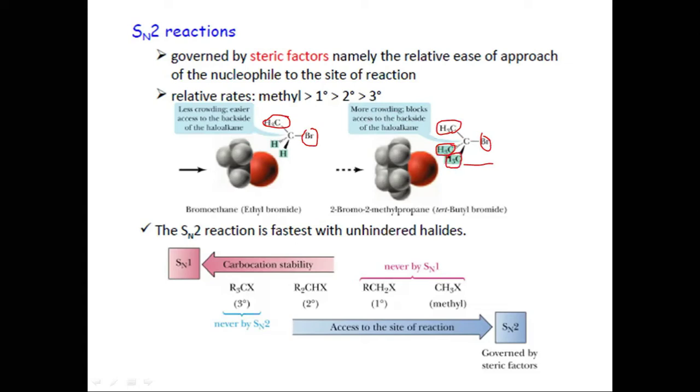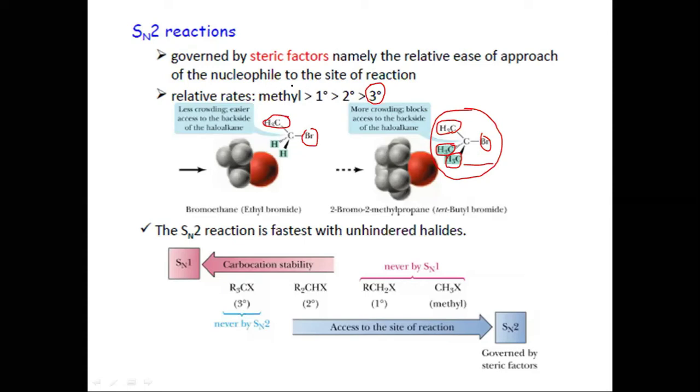The nucleophile experiences more crowding, which blocks the access to the backside of the haloalkane. That's why the nucleophile cannot easily approach and proceed via SN2 reaction in case of these kinds of substrates. So tertiary, or even secondary, is possible, but the maximum hindrance is caused by the tertiary substrates for the SN2 reaction.